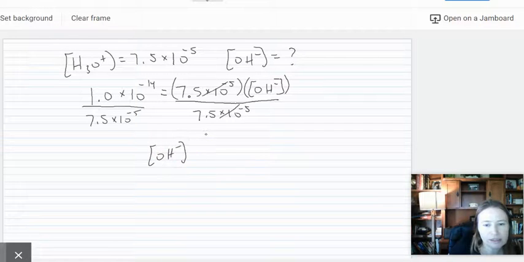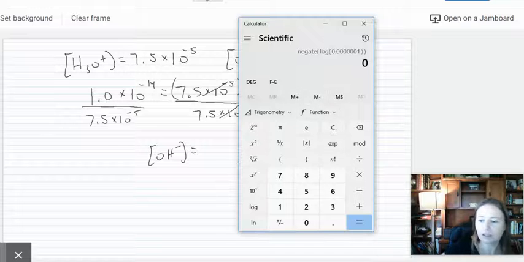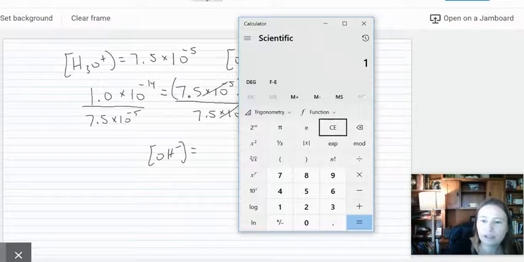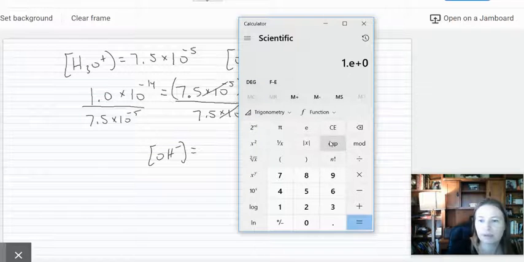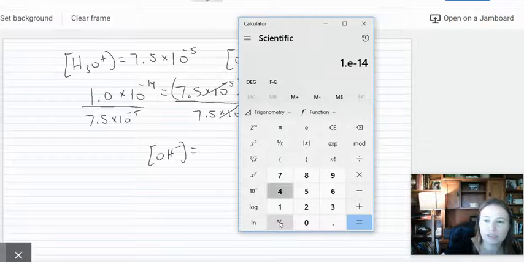OH minus is, grab my calculator here, 1 exponent negative 14. Whoops, nope. Delete, I'm back to clear, sorry. 1 exponent, this is the negative sign, minus 14.